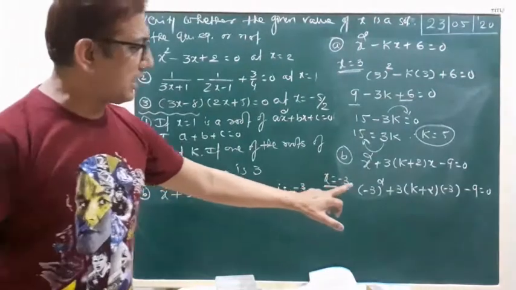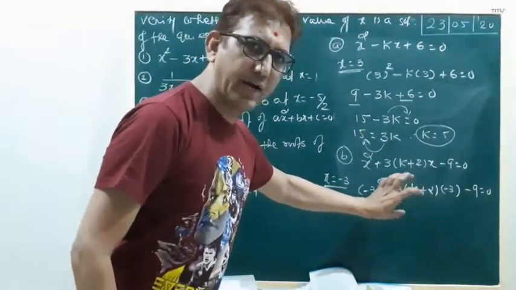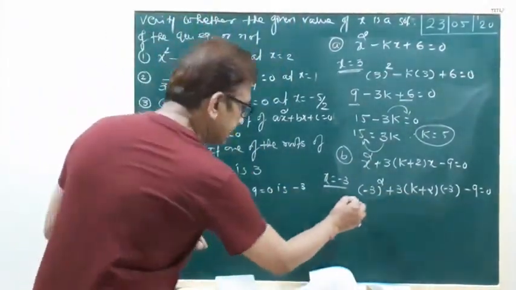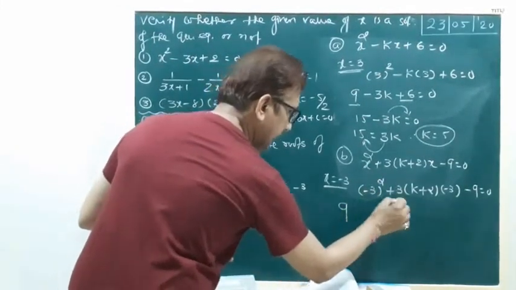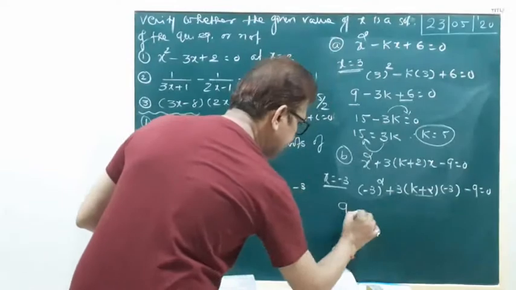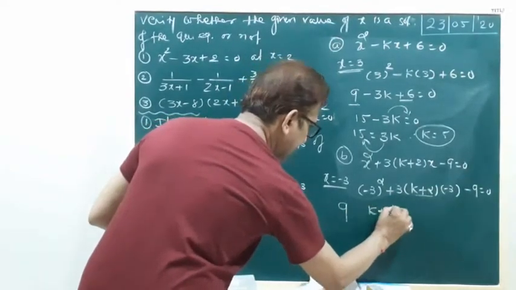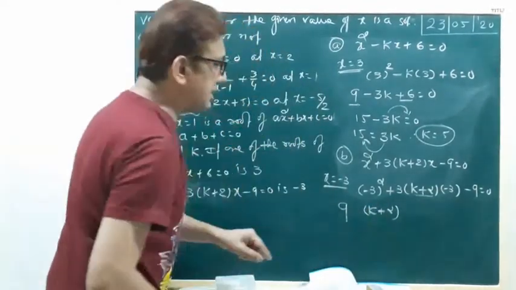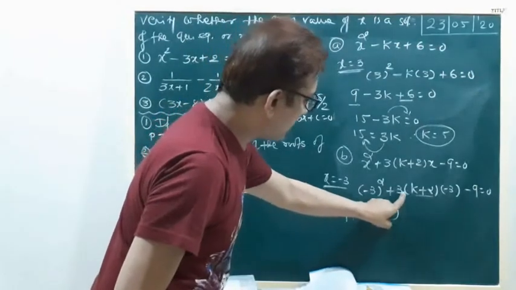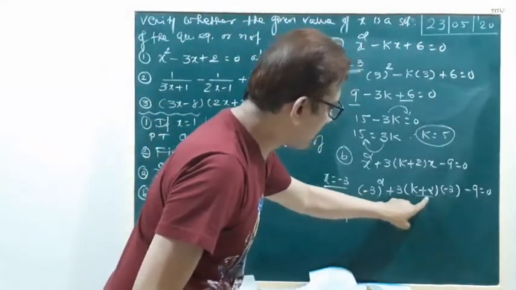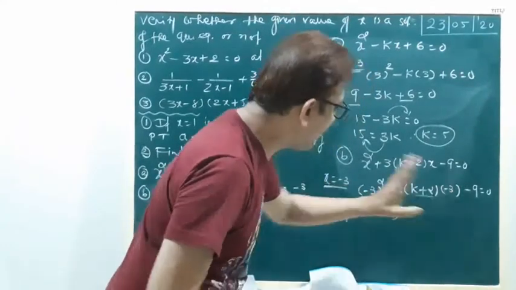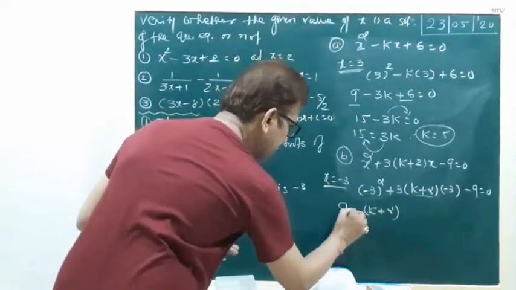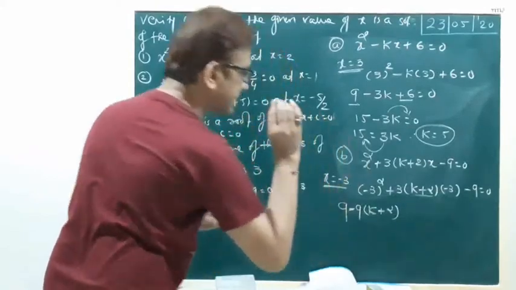Look carefully. Simplify. Minus 3 square is 9. Here k plus 2 stays as it is. The k plus 2 term and the others are all in multiplication form. So 3 threes are 9, but with minus sign, so here we write minus 9.